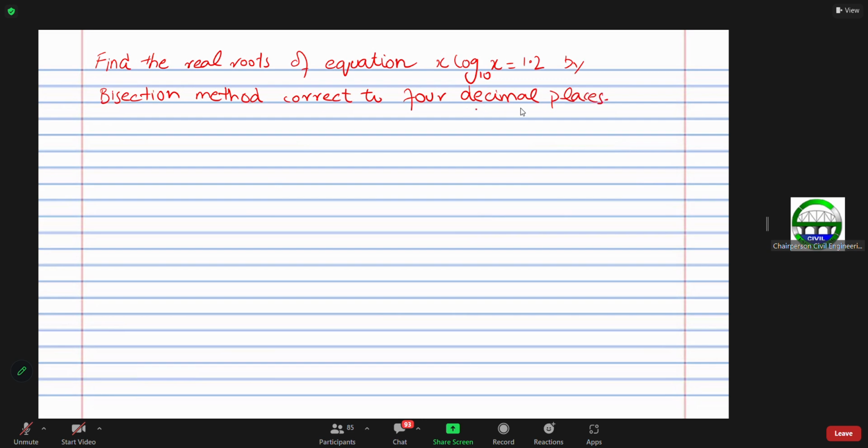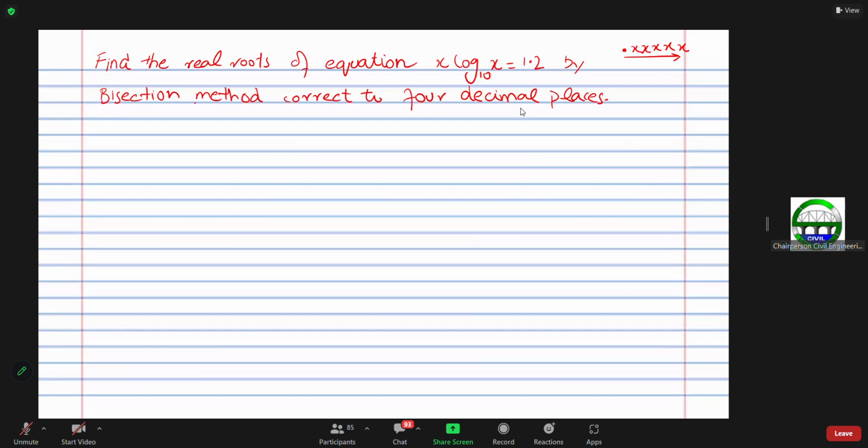So when you talk about the 4 decimal places, always make sure whenever you write your answer, it should have 1, 2, 3, 4 decimal points. Okay. Maybe you can also try 5 as well. At minimum 4 to 5.